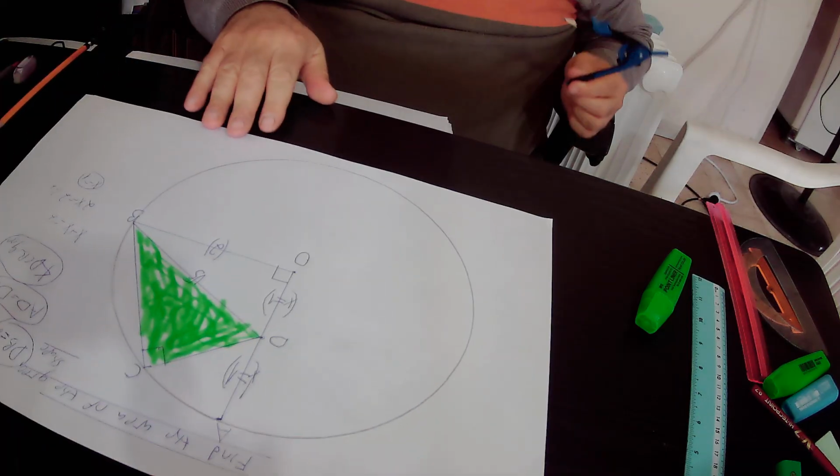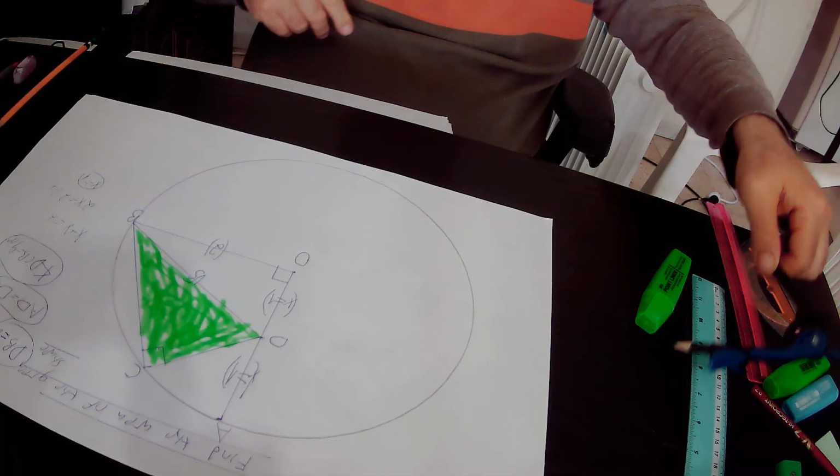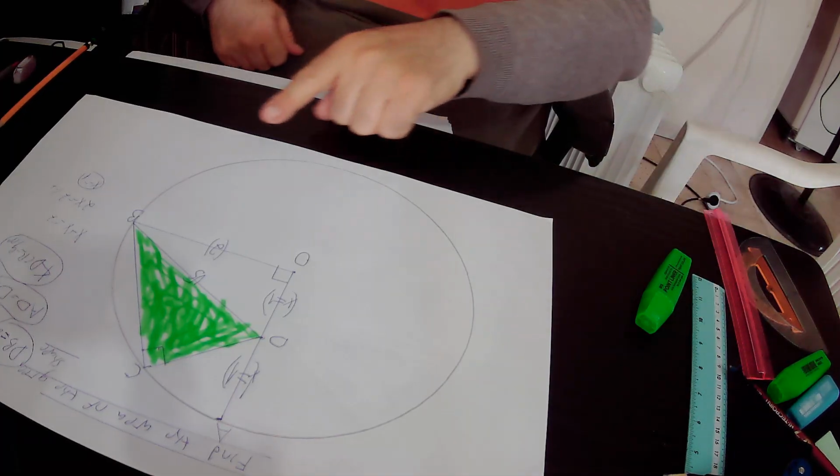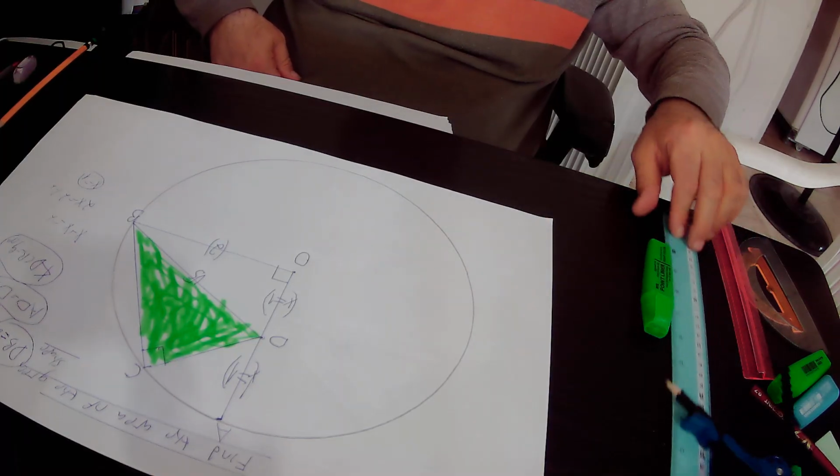So I actually completed the quarter circle to a circle. In the next step, we will extend the radius BO by a straight line until it touches the circle.